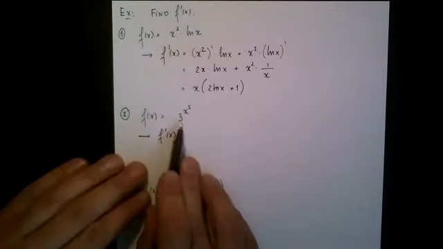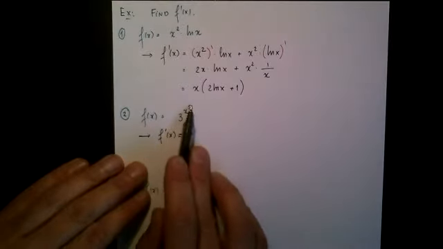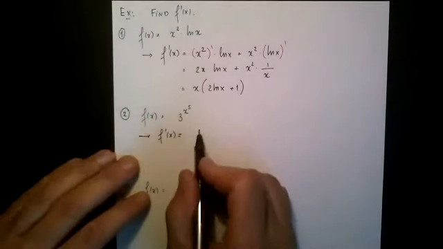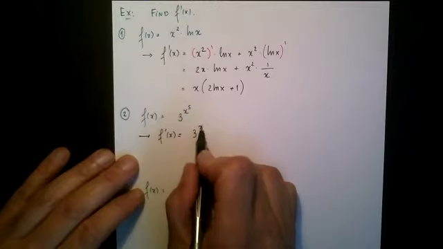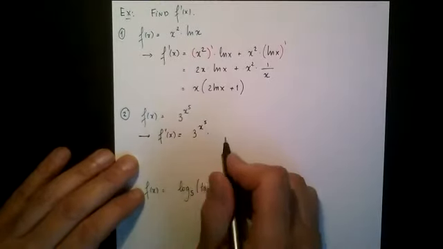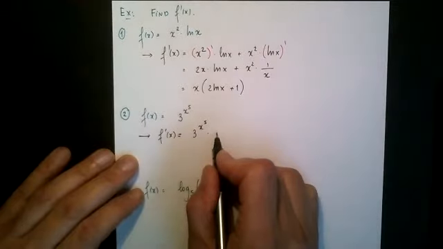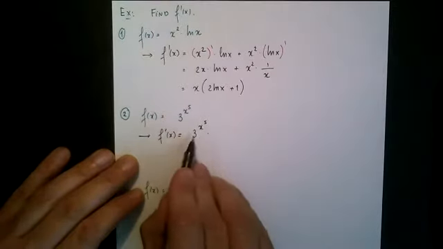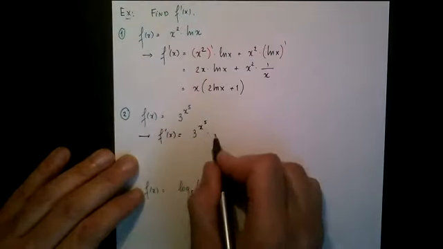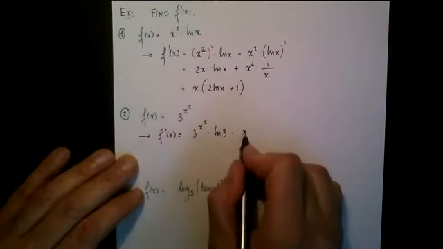So the derivative of, again, the chain rule here, 3 power a function. So 3 power anything, the derivative stays 3 power this, times ln of 3, times the derivative of the exponent.